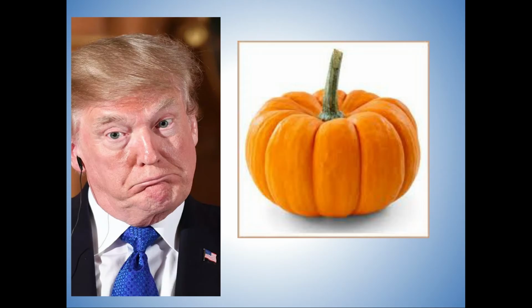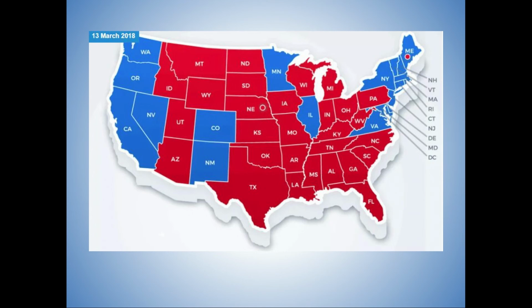So coming back to our question, does anyone know the difference between Trump and a pumpkin? Interestingly, I found a map of the voter representation, and as you can see, the blue states are Democrats and the red states are Republicans.